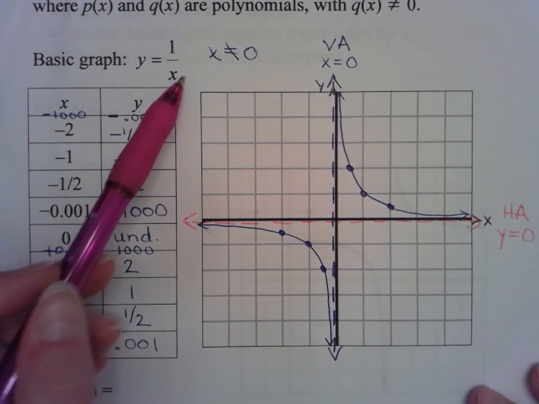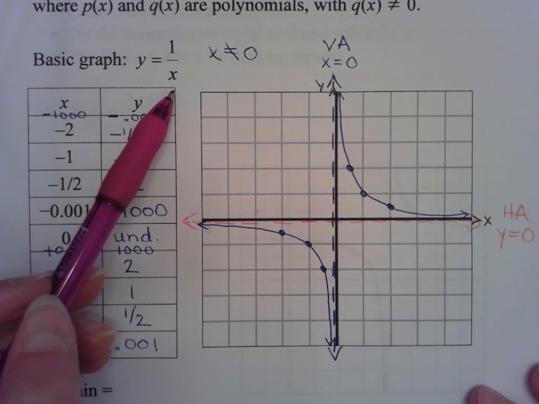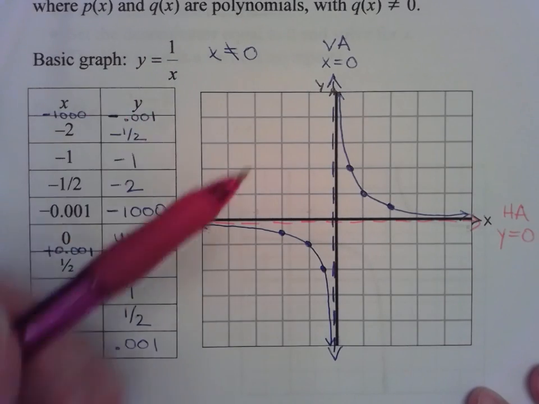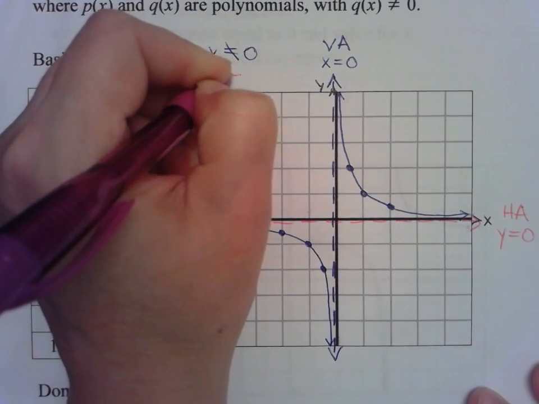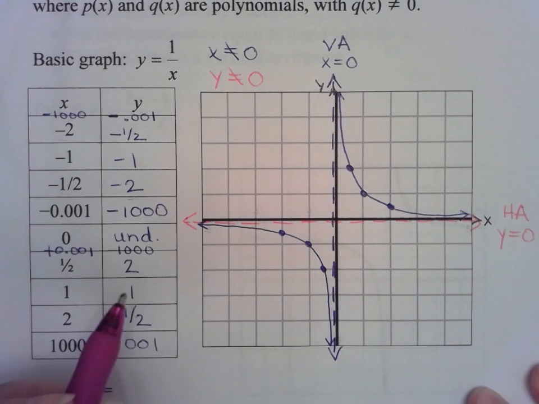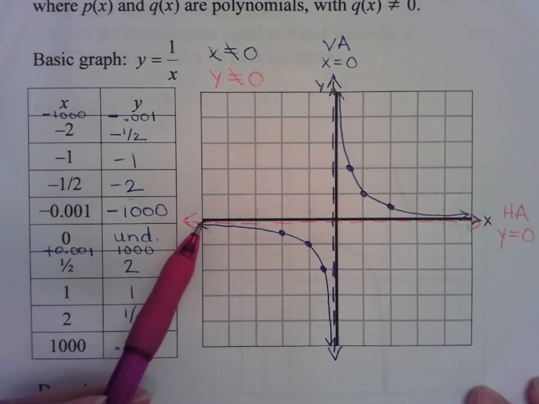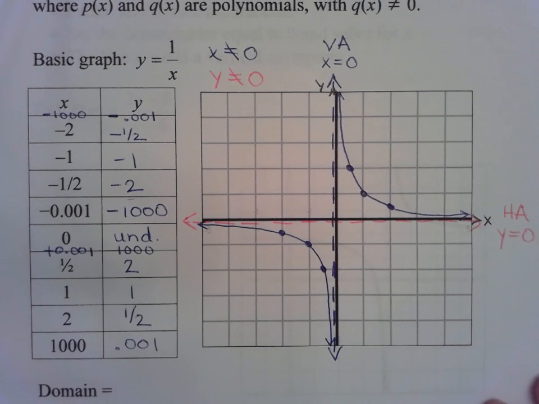So I'm never going to be able to get 0 itself out of this fraction. The only way I can get 0 from a fraction is if the numerator is 0, and this one's not. So the y value is also never going to be 0. But it's going to get really close. Okay, so that's why we draw in these dotted lines called asymptotes.